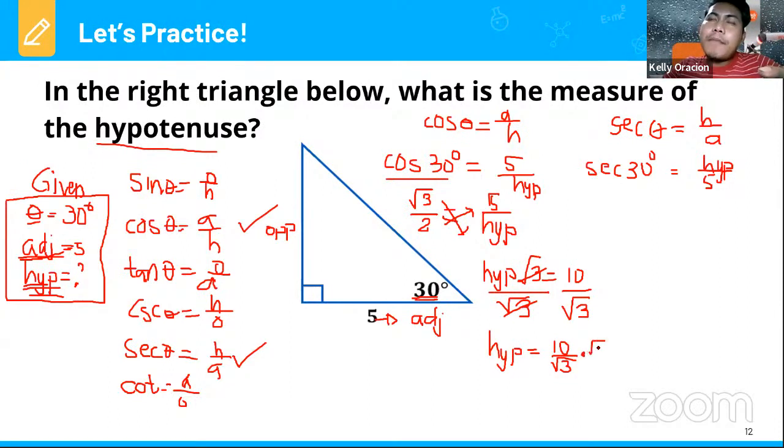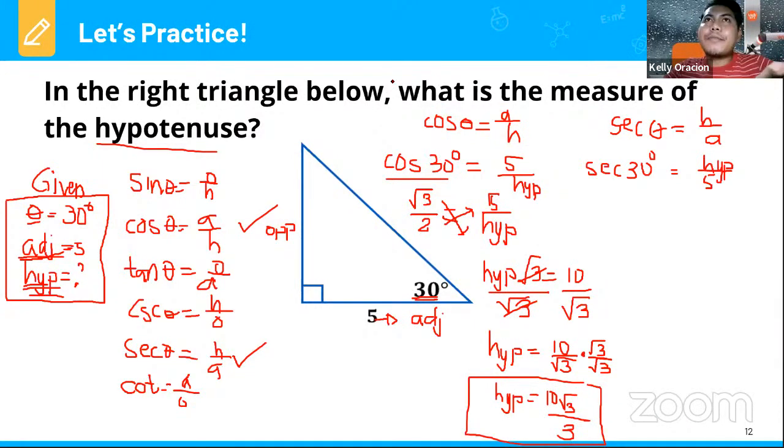Mag-multiply tayo ng same denominator, both numerator and denominator. And you will have this answer of 10 square root of 3 over 3. And this is now your answer.